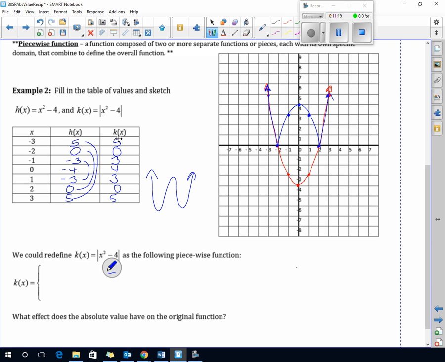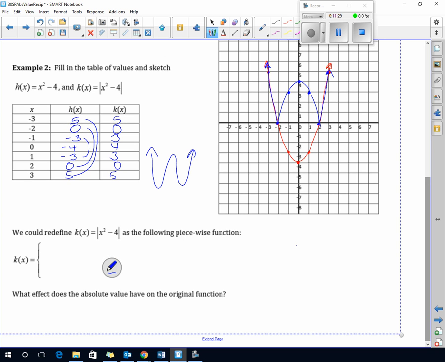Okie dokie. So let's see if we can say what this function is as a piecewise function. This is the cool thing about this. Now, watch this. It was the same parabola, but only from -2 to the left and +2 to the right.